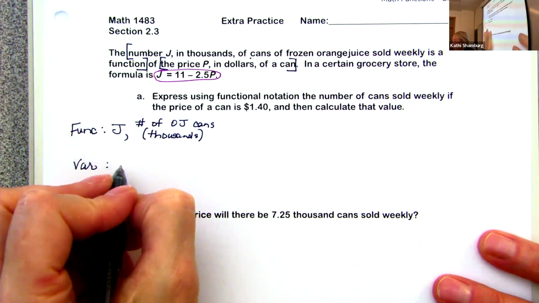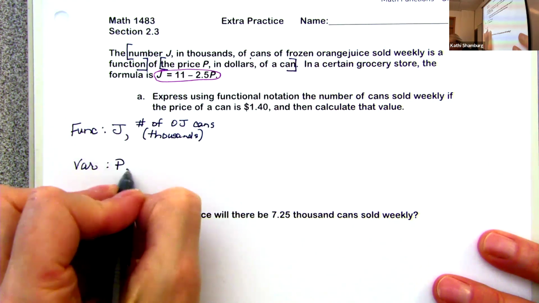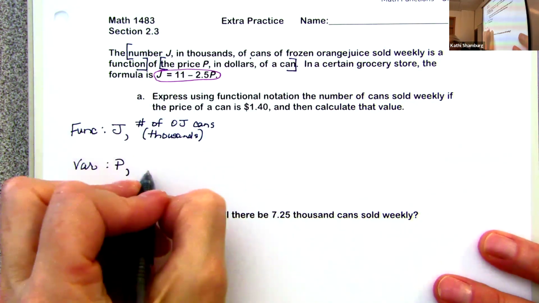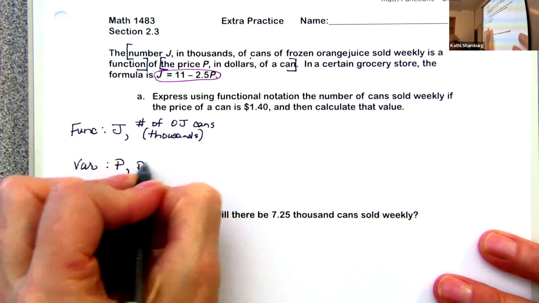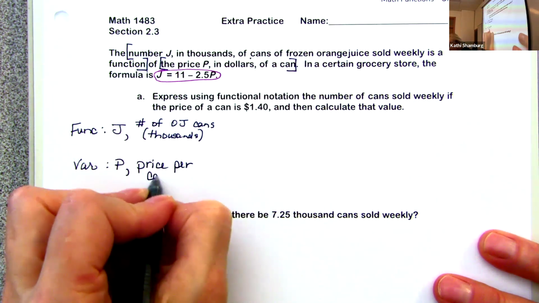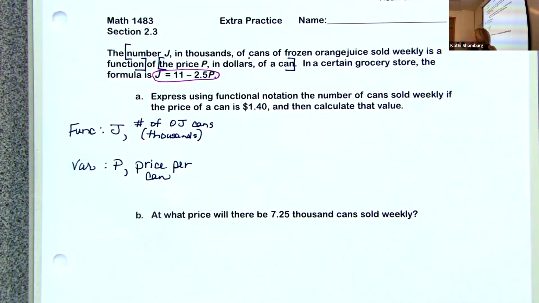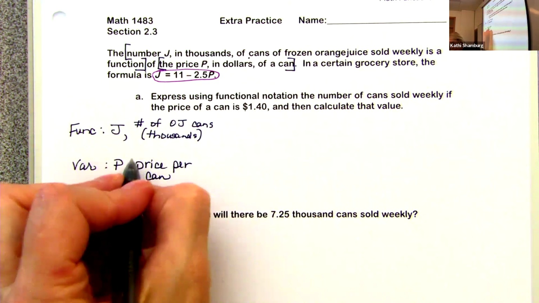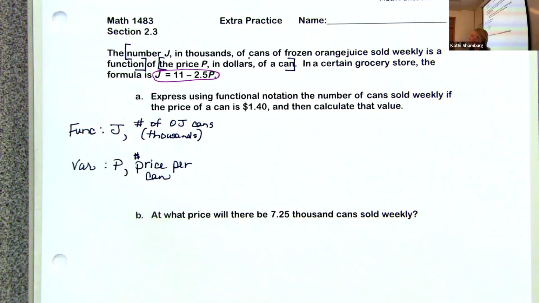P. What does P represent? So price per can. And if you put dollars in there, I mean, price, we know it's dollars just because that's what we live with. So if it was giving us a different monetary thing, we would definitely want to mention it.